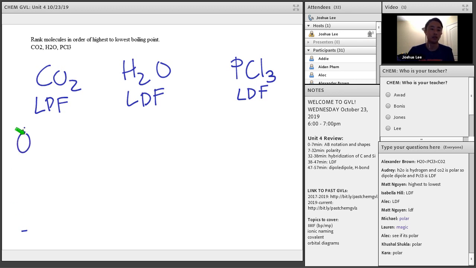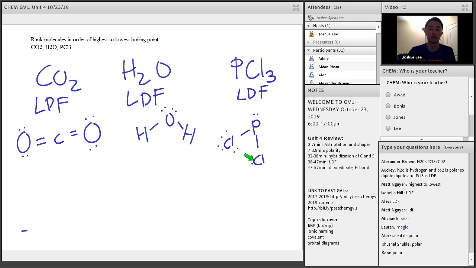Lewis dot structure of CO2 looks like this. Water looks like this. And PCl3 looks like this. So Kara, what's the AB notation for CO2?